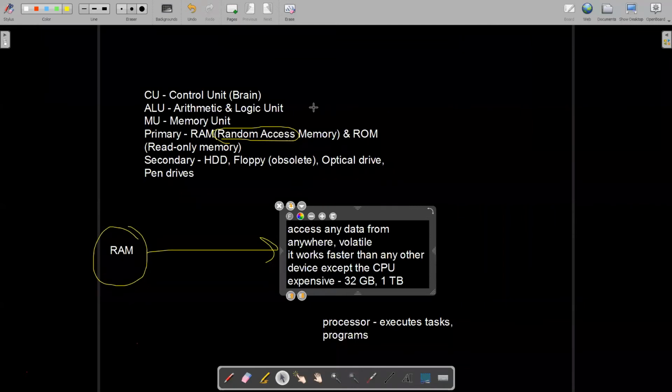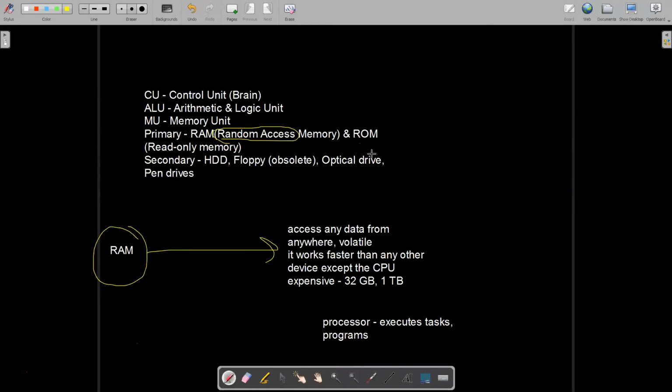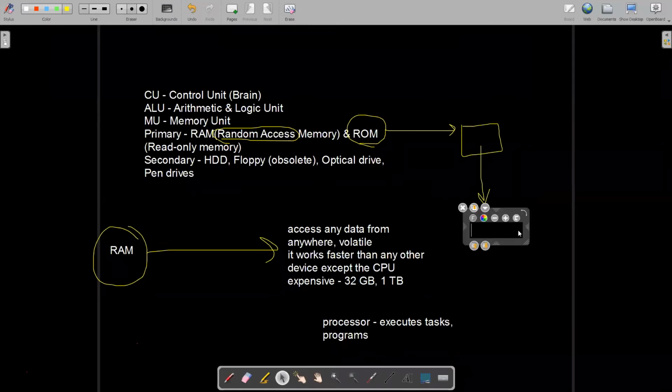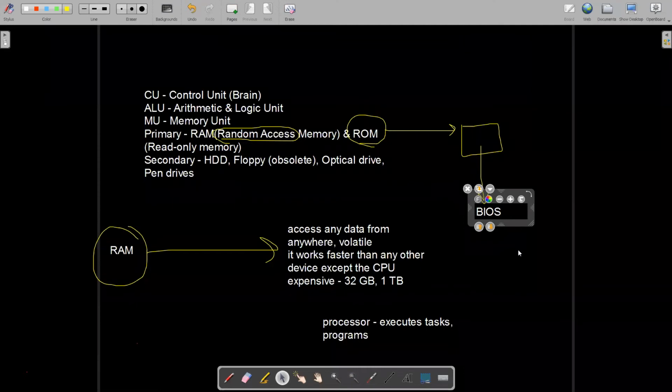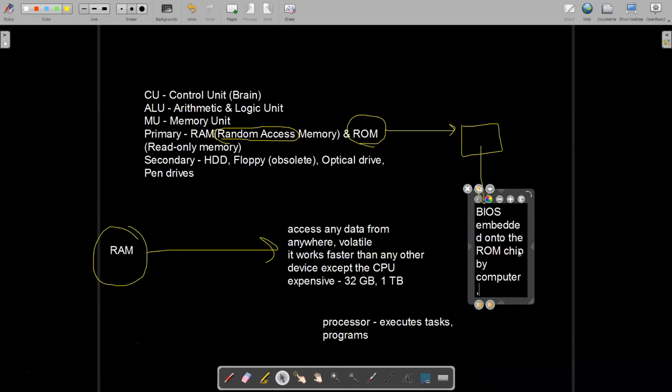ROM stands for read only memory. On your motherboard, you saw the animation of the motherboard some time ago. It contains a small chip which has the program BIOS in it. So BIOS is generally a program which is embedded onto the ROM chip by computer manufacturers.